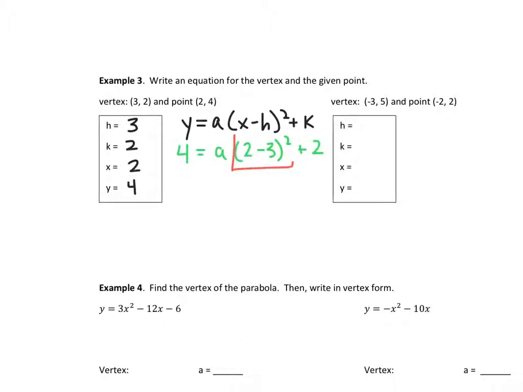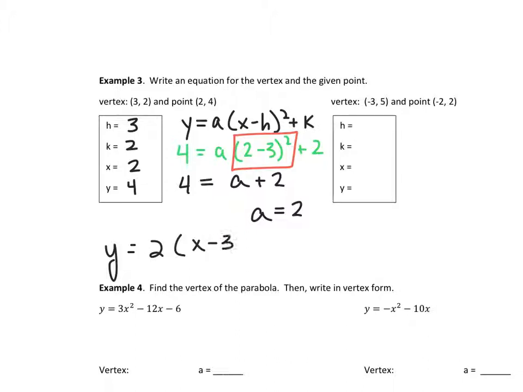So this part is going to be 1 because -1 squared. So it's going to be 4 equals a times 1, which is a, plus 2. A equals 2. So my equation is going to be y equals 2 times (x minus h), so it's (x minus 3) squared plus k.